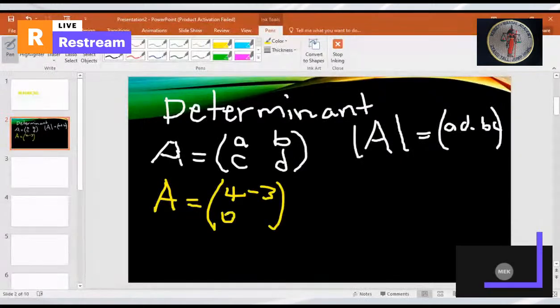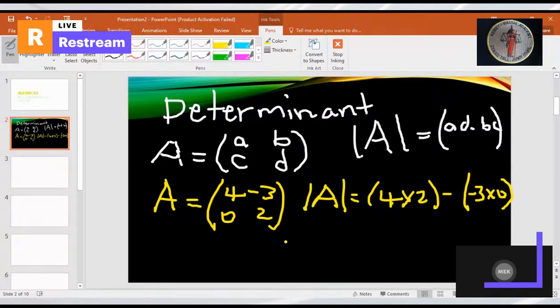So the determinant of A, that would be, remember, A times D minus B times C. So it will be 4 times 2 minus negative 3 times 0, which is B times C. That times that.